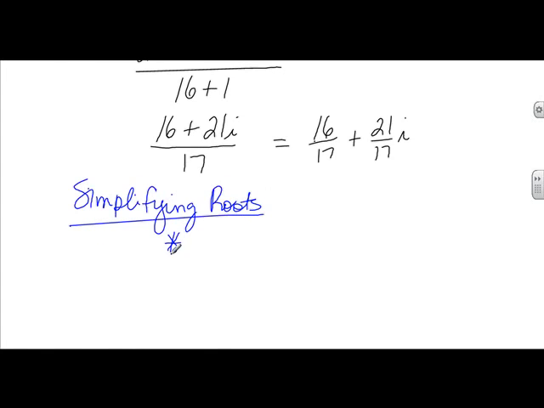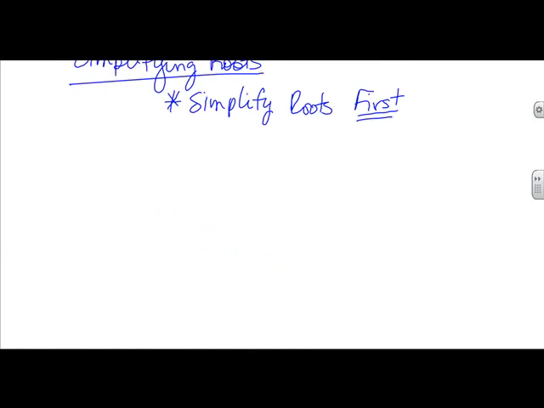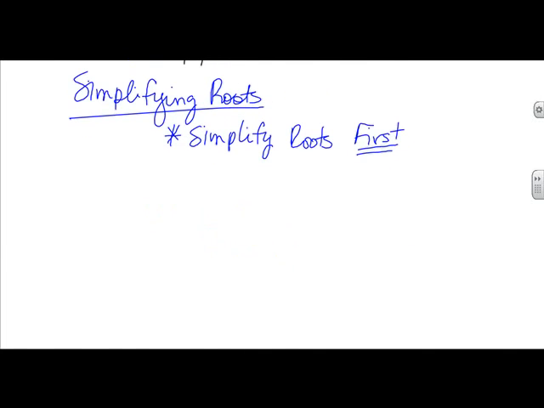The thing to keep in mind is that you want to simplify each root first. Before you think about adding like terms or combining like terms, simplify the roots first. And I make a big deal of that because it's not always what you think of to do first. But it's the only way that you're going to get the correct answer in the end.